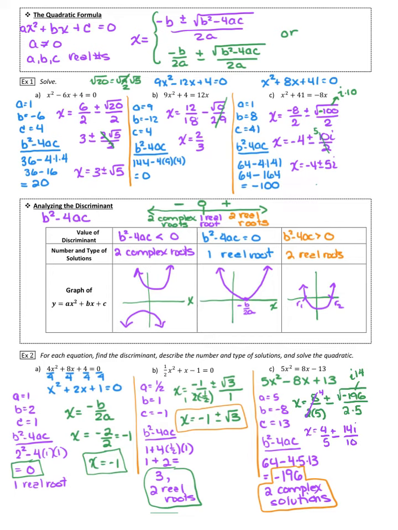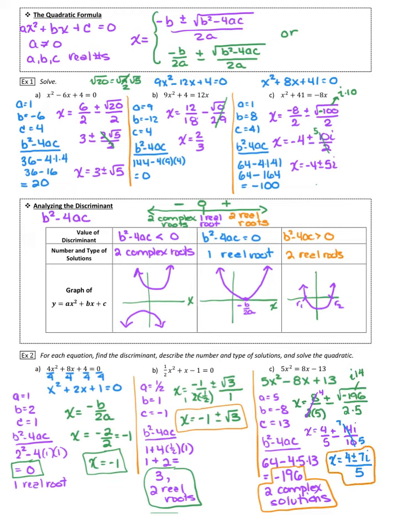And I can reduce that a little bit more because these are both even, so this will be a 7 and a 5. Since I have the same denominator, I can write it all together. 4 plus or minus 7i over 5. And that would be what happens when you have a negative discriminant.